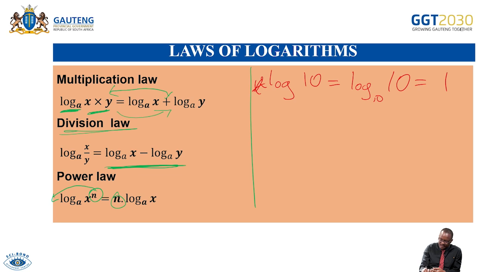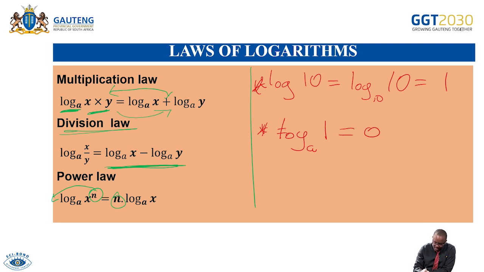That is number 1. Number 2, we know that if you have a log of 1, for any base, the log there will be equal to 0.